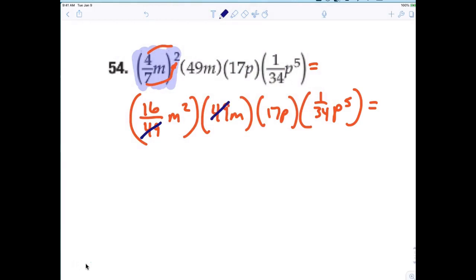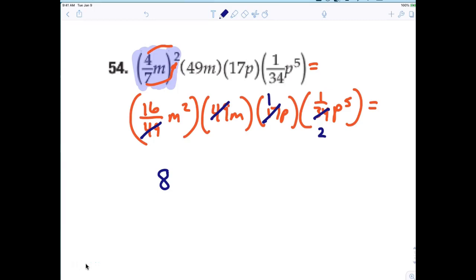Now I'm looking at 17 and 34 going, wow, I'm pretty smart. I know that 17 goes into 34 twice. So I changed that to a 1 and changed the 34 to a 2. Then I recognize 16 divided by 2 is 8. Everybody should be able to get 8.